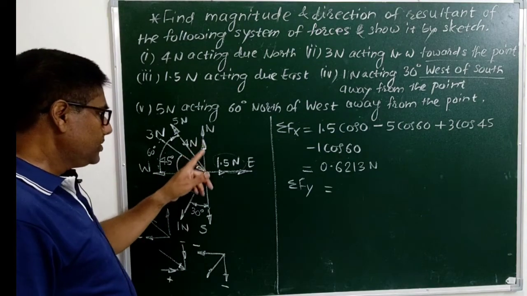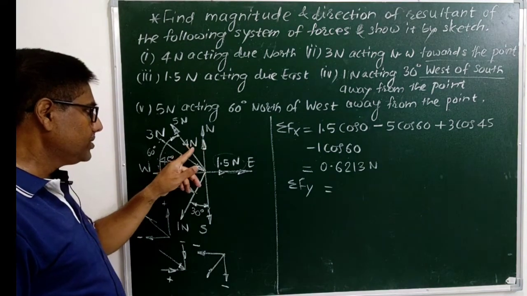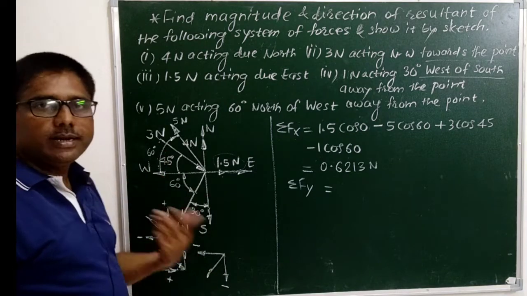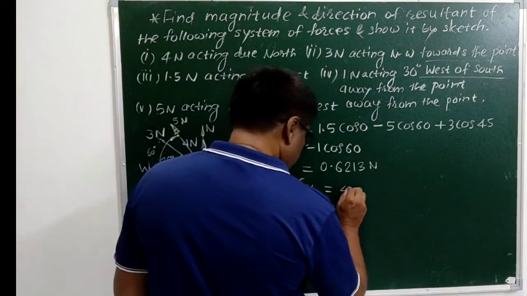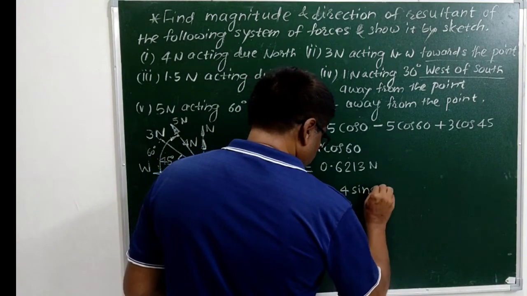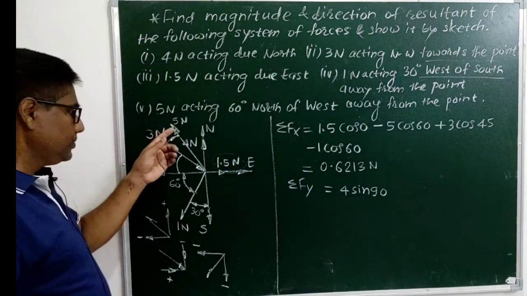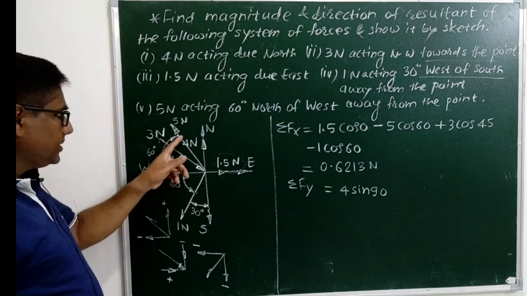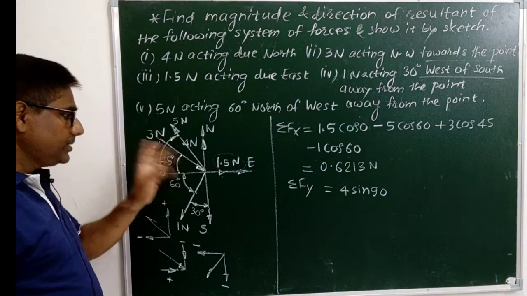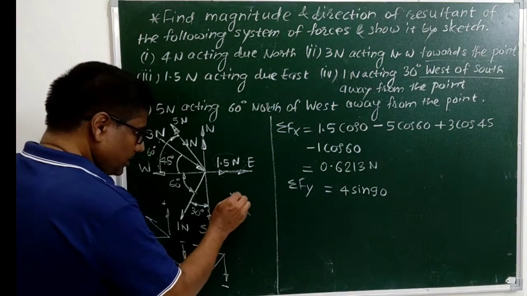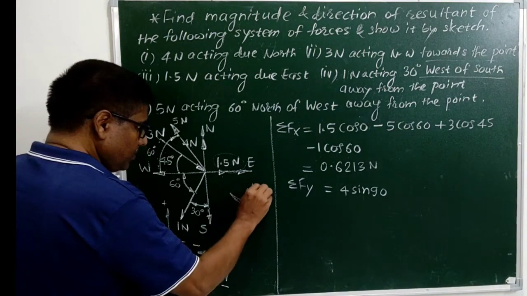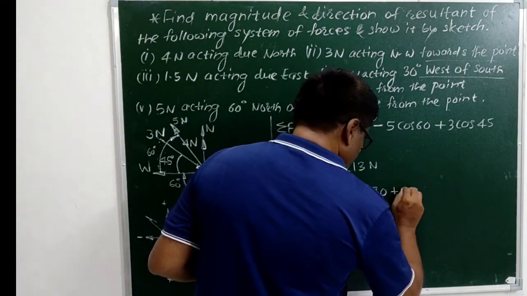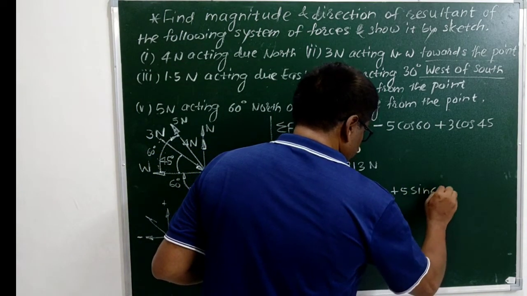Now let's talk about the vertical component for this force, 4 Newton. 4 sin 90, sin 90 is 1, so 4. Now this force, it is 5 sin 60, as it is in the second quadrant, the vertical component is positive. 5 sin 60 plus 5 sin 60.